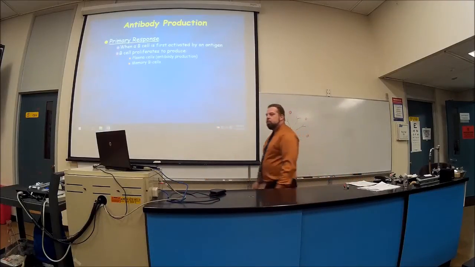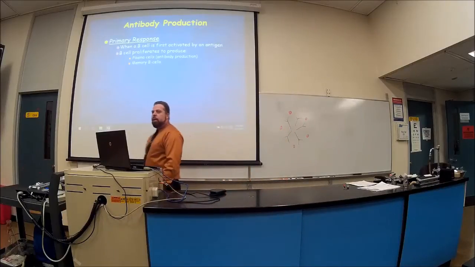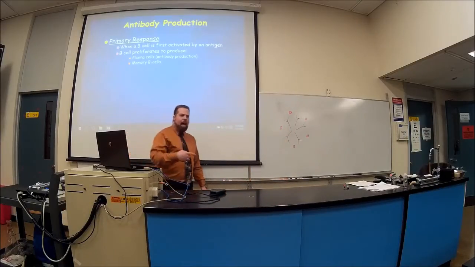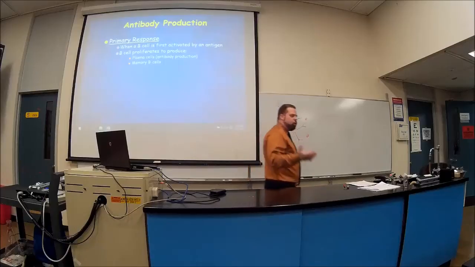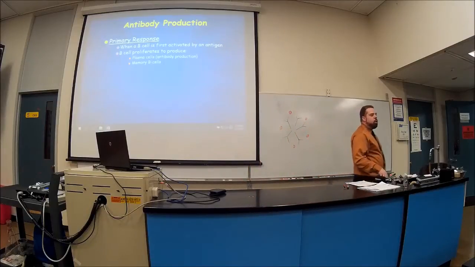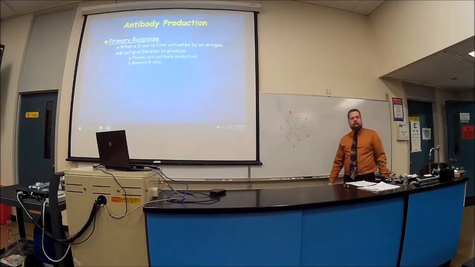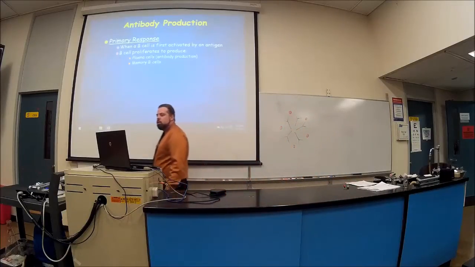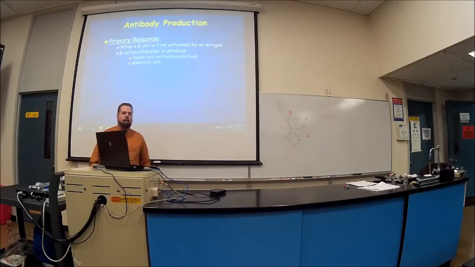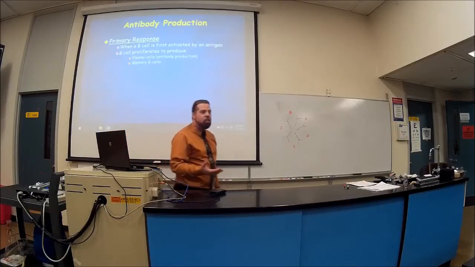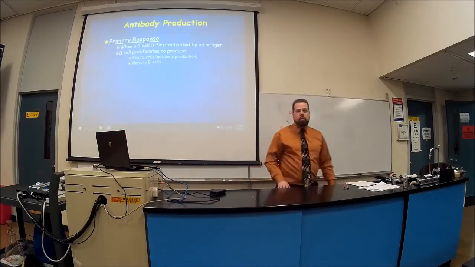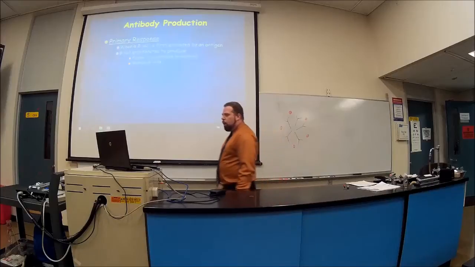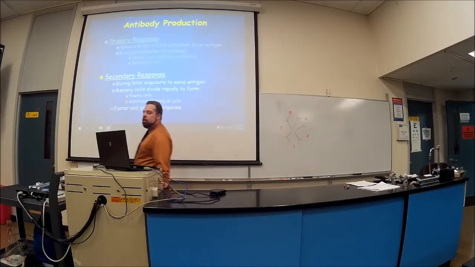And these could either change into memory B cells, where we remember that actual antigen for future references, or it could turn into a plasma cell. And a plasma cell is this big antibody factory. It's going to make all these antibodies. Which ones? Well, at first it's going to be IgM. Later on it's going to make the other ones too. That's what happens in the primary response.